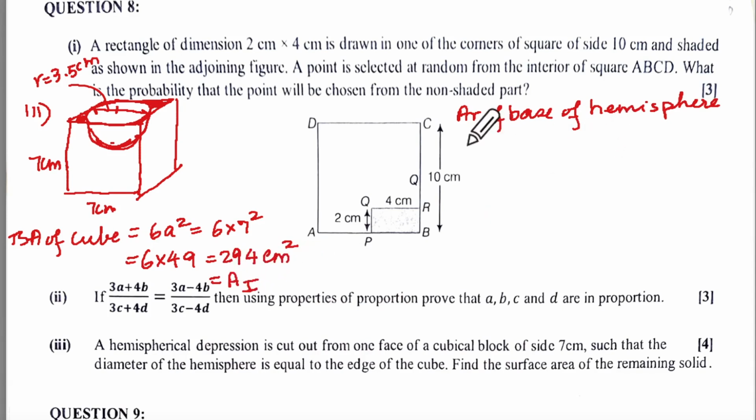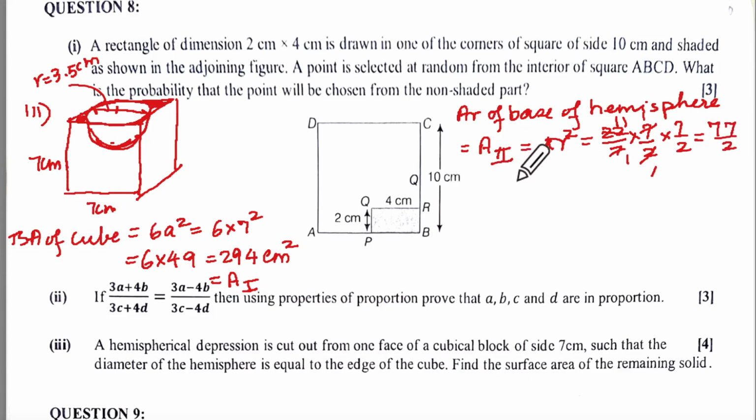Okay, this I will call as A2, and that will be pi r square, and 22 upon 7 into how much is the radius? 3.5 means 7 upon 2, 7 upon 2, correct? 2 goes 11 times, 7 ones and 7 ones. So I am getting 77 upon 2, which is going to be 38.5 centimeters square.